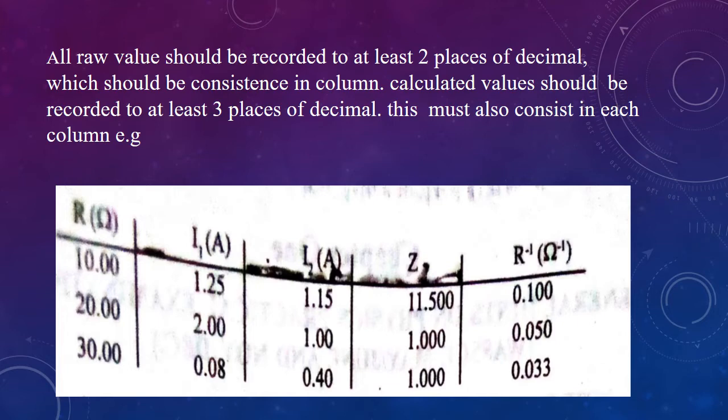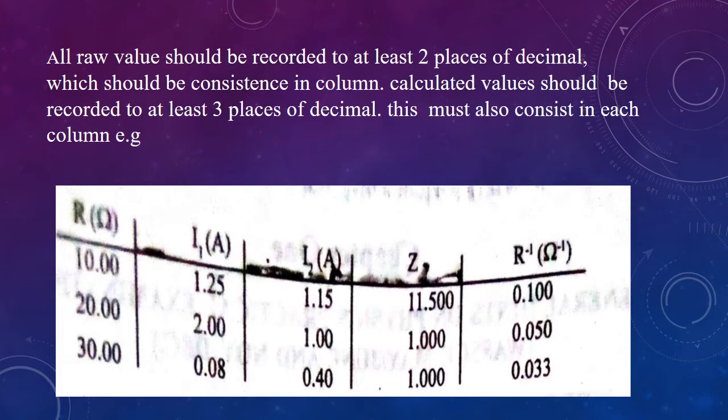And also note that across a column, the same decimal places must be used for all data. For example, if you look at the table before us, in the column of I1, you notice that for resistance 10, the ammeter reading is 1.25, and 2 decimal places is maintained across the column.